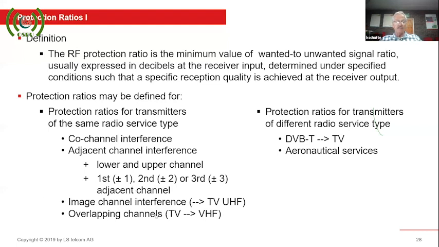Then obviously overlapping channels, that can also be a case where maybe one country is using a certain channel bandwidth and you are using a different one, then there's just an overlap between the actual transmissions, because maybe the one is using a 5 megahertz channel bandwidth and the other one is using an 8 megahertz channel bandwidth, and there's some overlap.